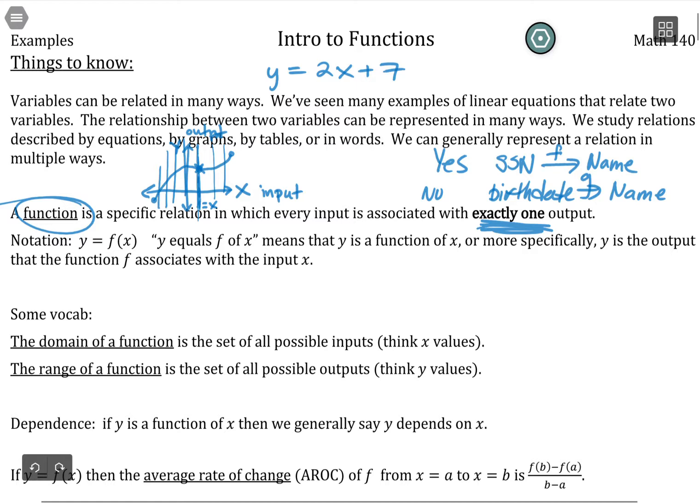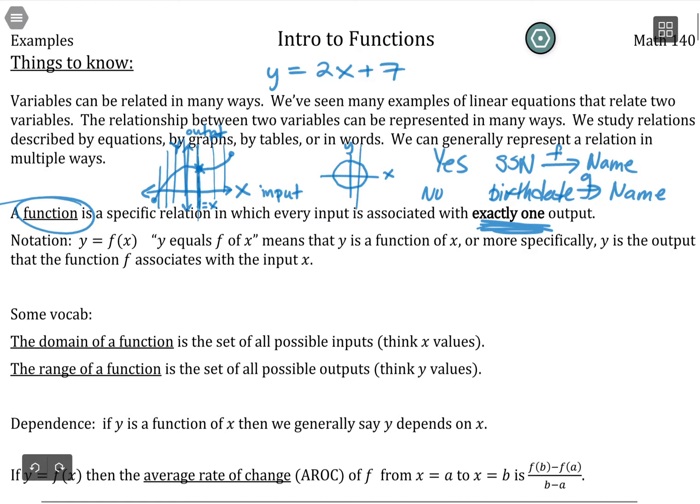If it fails to hit the graph, that just means you shouldn't have used that as an input, but if it ever hits the graph more than once, you're in trouble. So for example, circles are a fantastic relation between x and y, but they're definitely not functions.